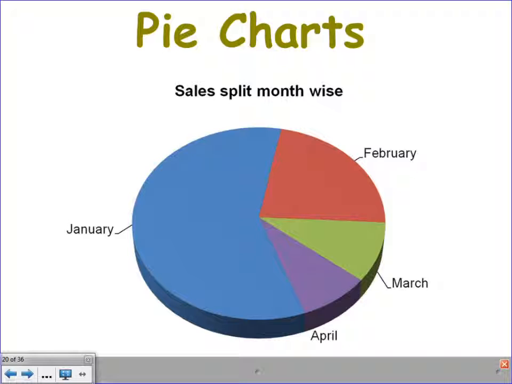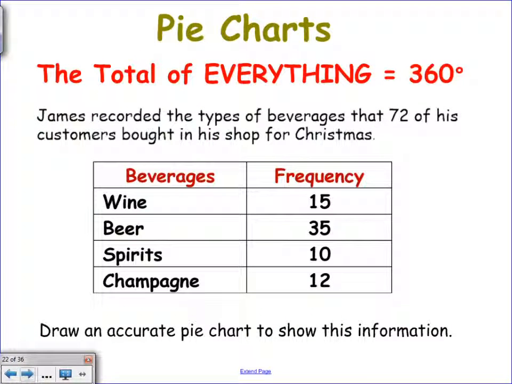Sometimes when you plot them from scratch, you're just given a load of data. So rather than talk about words, I'm going to do it through an example. So everything you're putting into the pie has to go into 360. That's the secret of a pie chart.